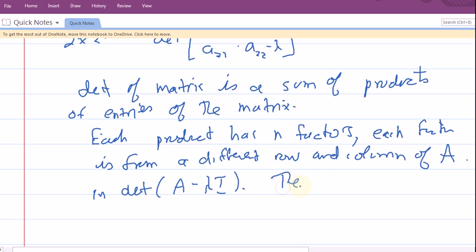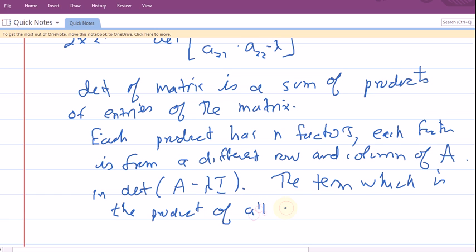the term which is the product of all diagonal entries will give a factor lambda to the n.